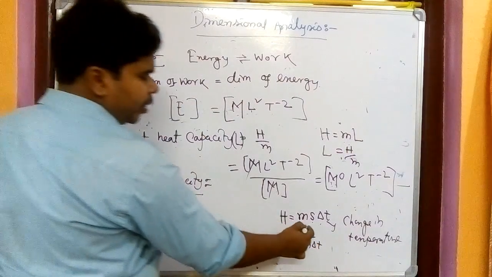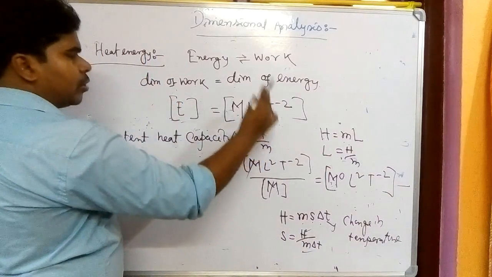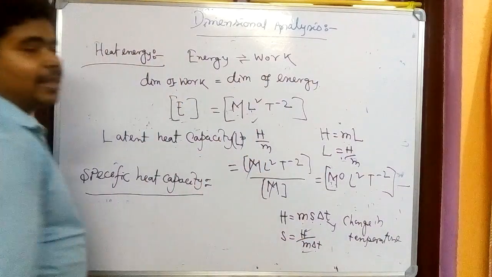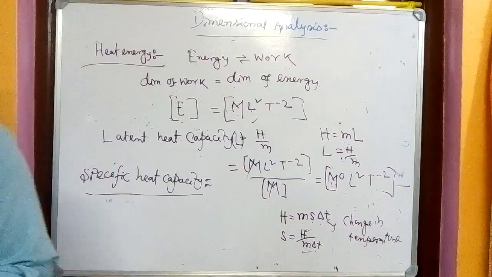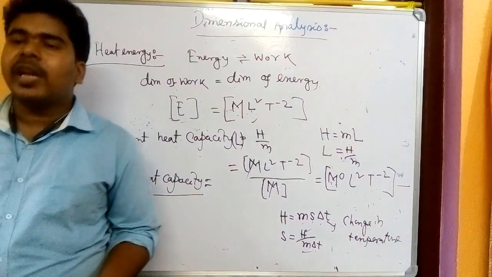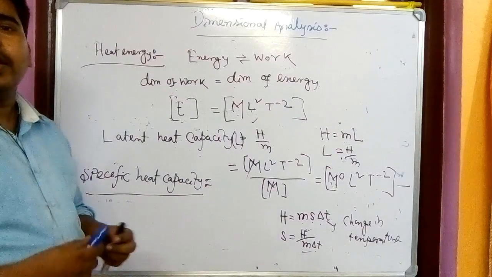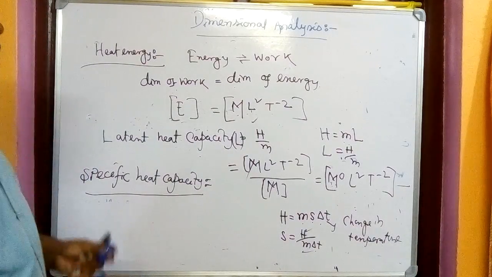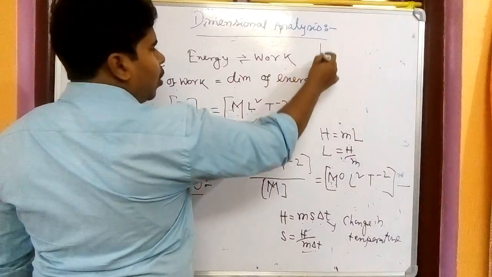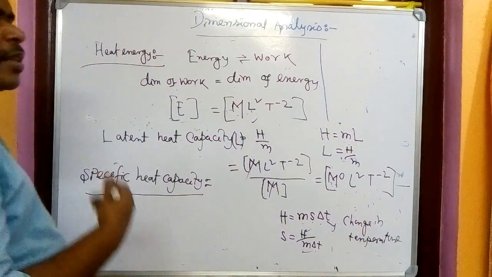So the dimension of H we know, it is written here. M, that is also we know, but del T, the change in temperature, we don't know. We don't know the dimension of temperature. So what can I do? For that, the unit of temperature, that symbol is taken as its dimension.